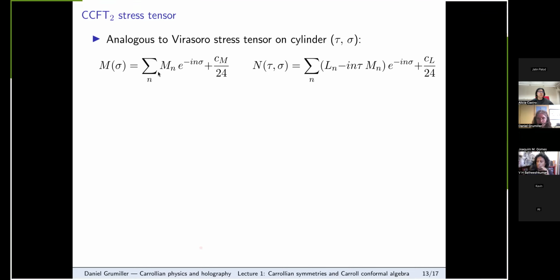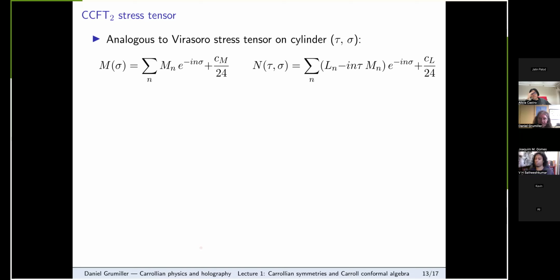And in the Carrollian CFT case, the construction is similar. There's a super translation component of the stress tensor, M of sigma, which is given by all the super translation modes, weighted by this Fourier factor e to the minus i n sigma, and then shifted for convenience by the vacuum gap, so plus C_M over 24. And then there's an additional component to the stress tensor. Unlike in a relativistic CFT, the situation is not symmetric.